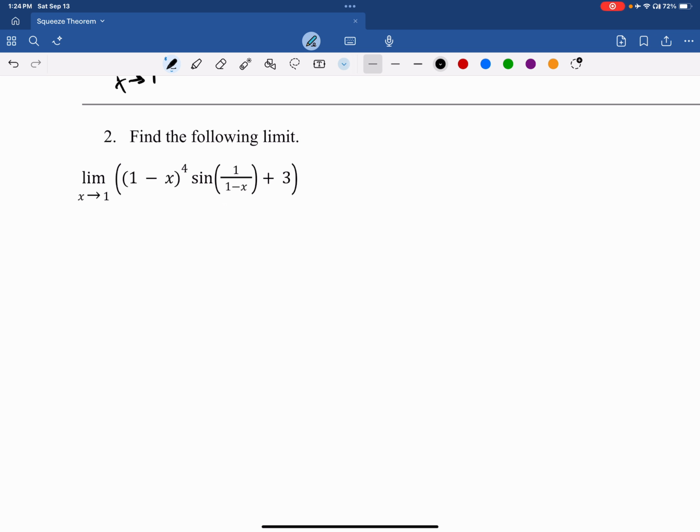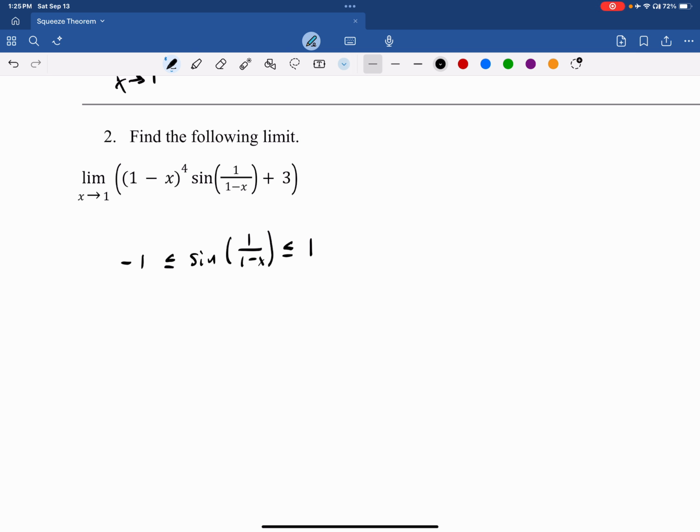In fact, let me write that down. We know that -1 has to be less than or equal to sine of 1 over 1 minus x, which is less than or equal to 1. It is bound between -1 and 1 because it's one of our trig functions. That's its range. That's a true statement no matter what the x value is.